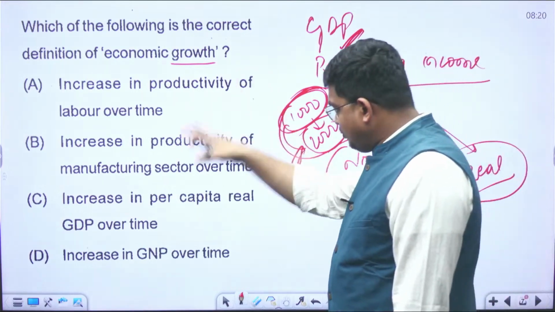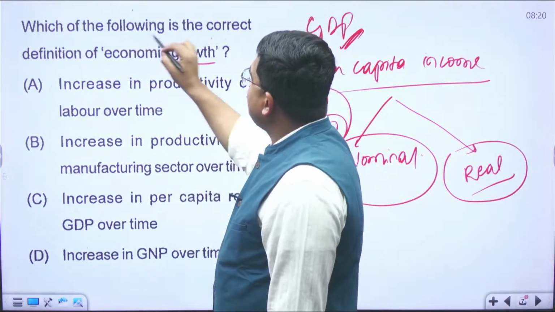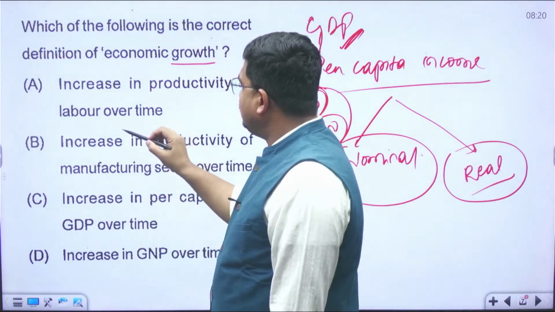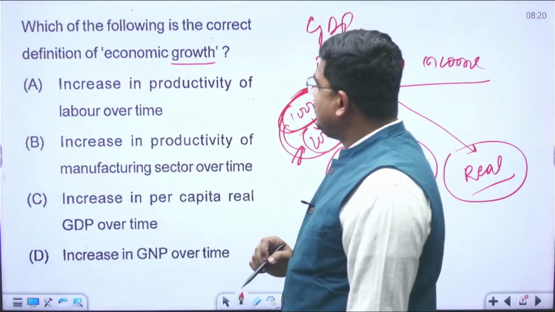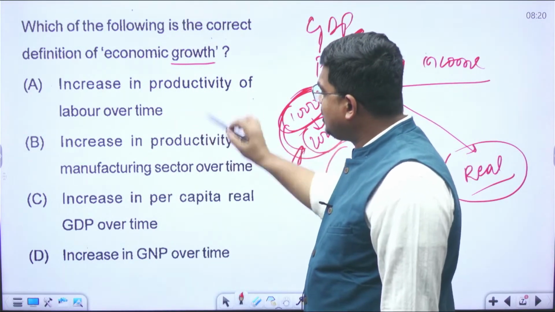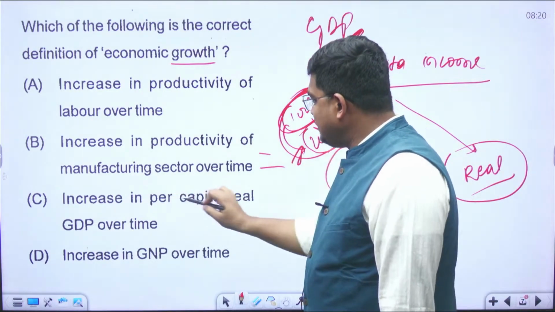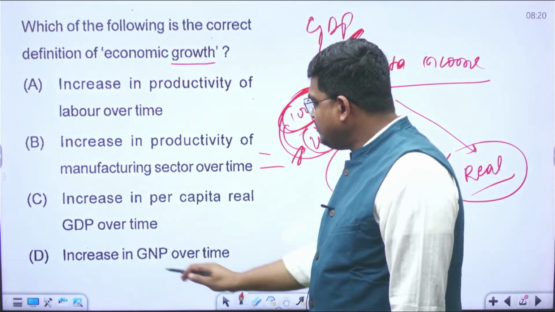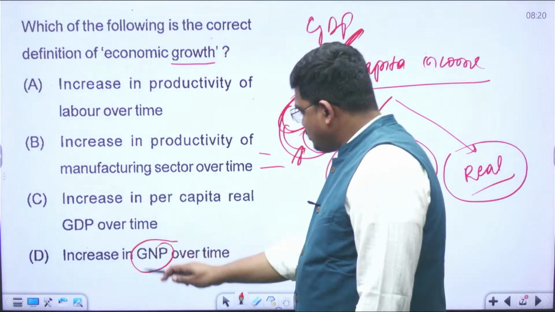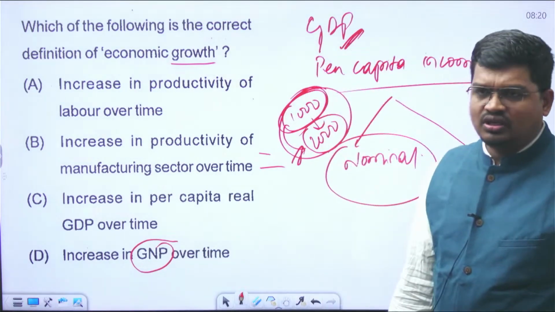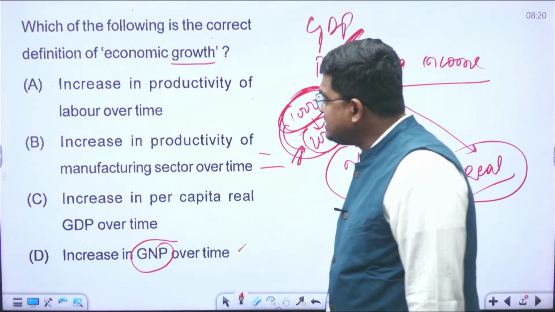So if you come to this particular question, which of the following is the correct definition of economic growth? Increase in productivity of labor over time, increase in productivity of the manufacturing sector over time, increase in per capita real GDP over time, increase in GNP. This is gross national product. This is not the actual definition or the meaning.